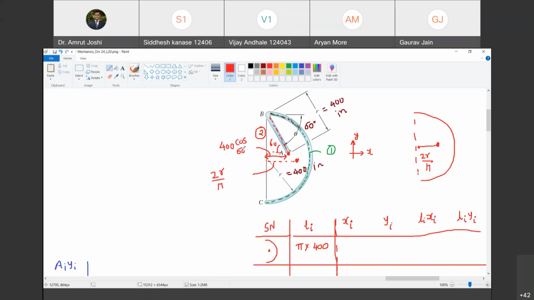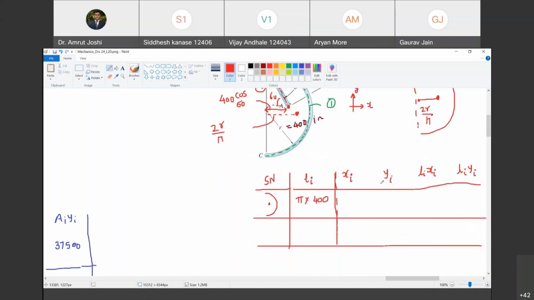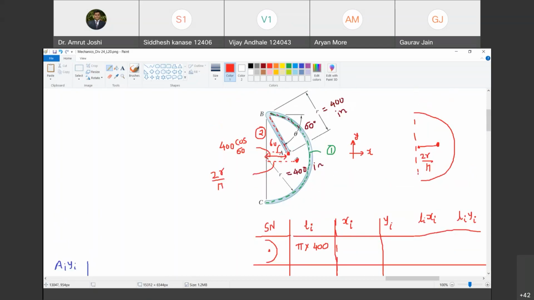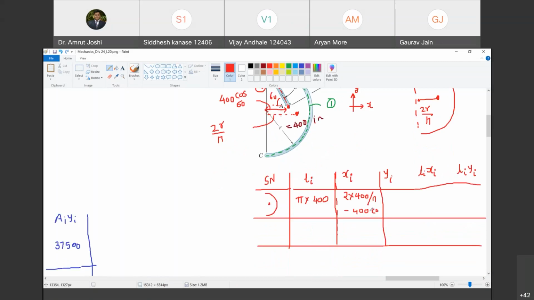So I will assume that 2r by pi is greater than 400 cos 60 and accordingly I will write down xi. So what is the value of xi? Xi will be, I'm sorry, 2r by pi minus 400 cos 60. So how much is 2r by pi? 2 into 400 by pi, minus 400 cos 60. Are you with me? Yes, sir.